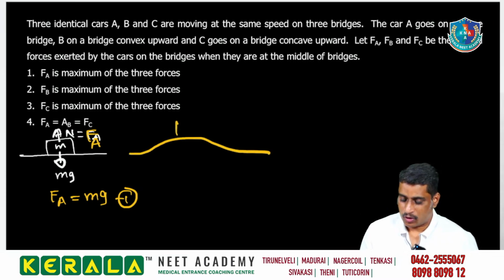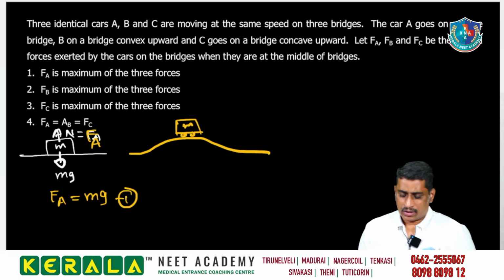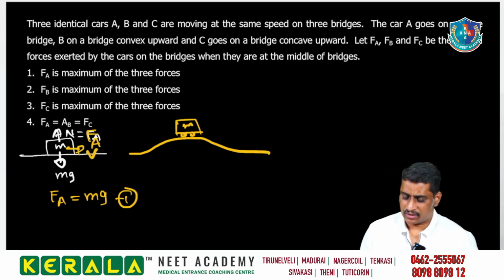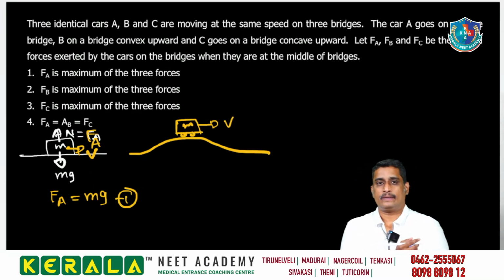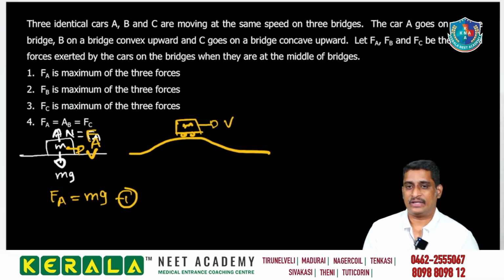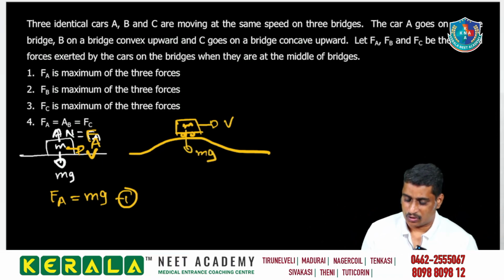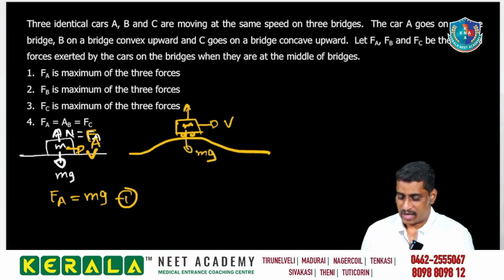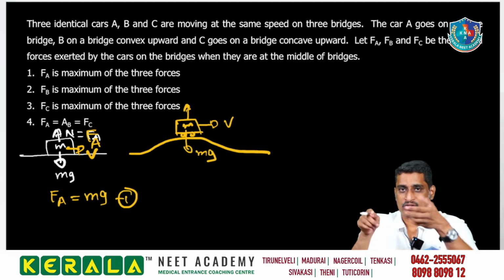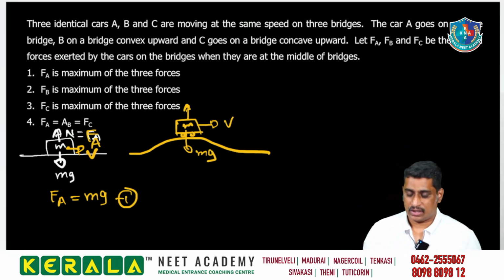that the car is moving over a convex bridge like this. In all the cases that car is moving with the same speed only. 3 identical cars they have given, having same masses, and they are moving with the same speeds in all the cases. In this case also, in vertical direction, 2 forces are acting over the car. One is mg, second one will be normal force exerted by that bridge over the car.